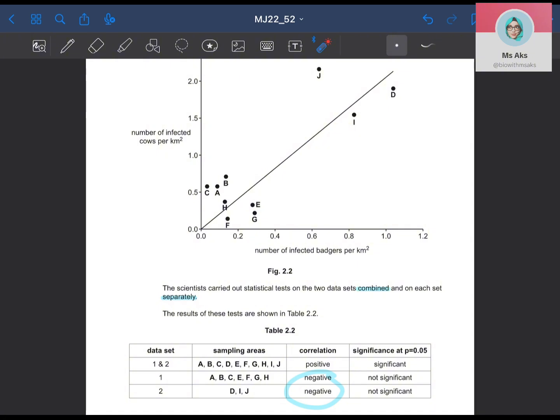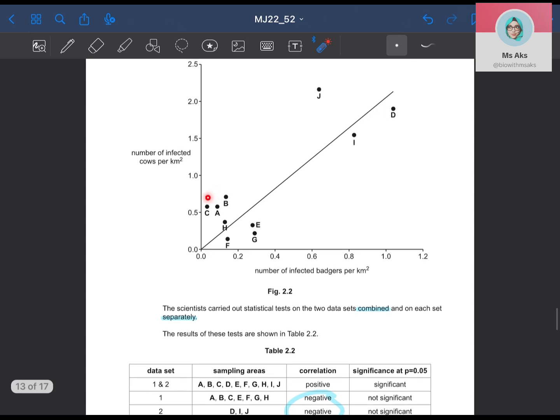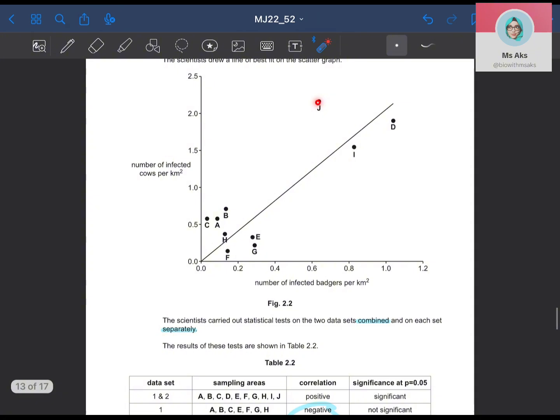We can also see that here from A. For all of these data, we can see that as the number of infected badgers increases, the number of infected cows also increases for the data sets.